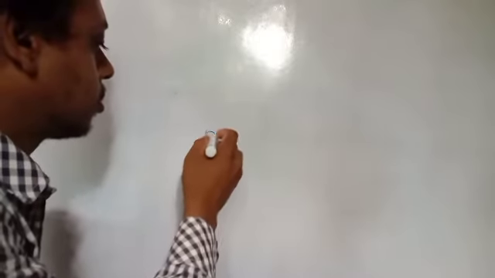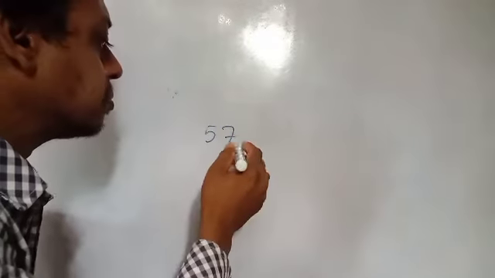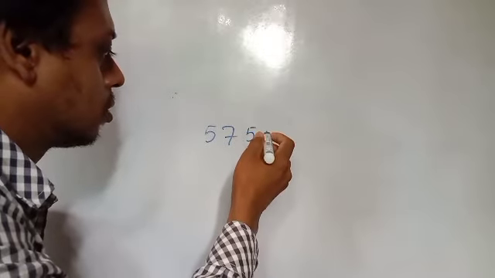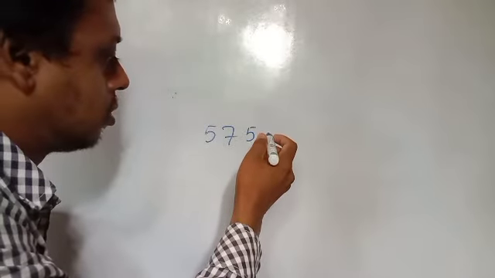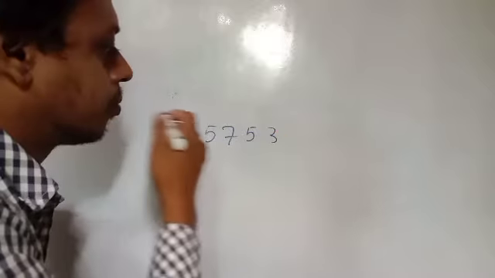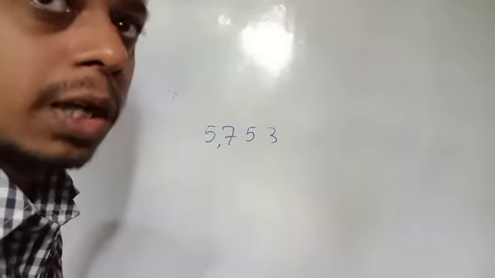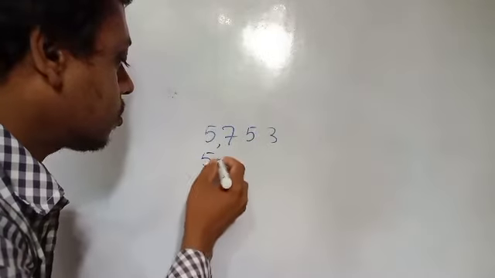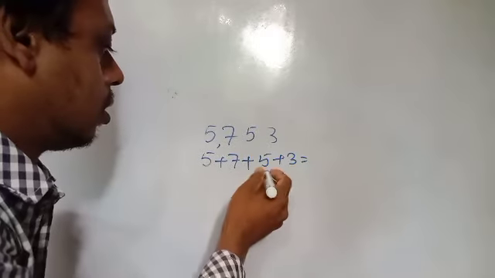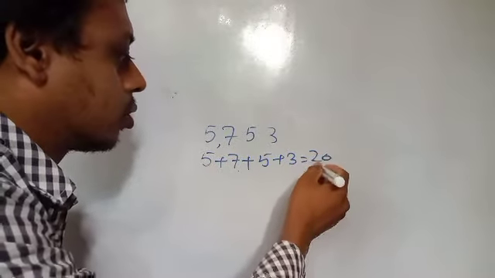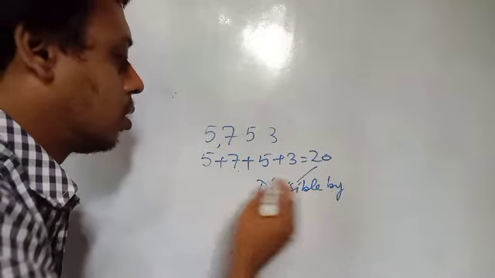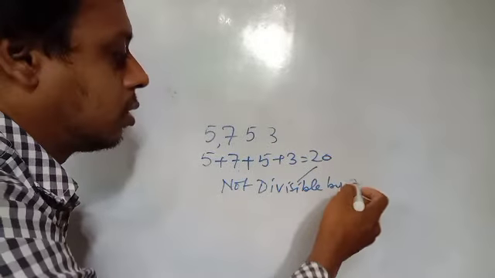Another number you see, 5753. 5 plus 7 plus 5 plus 3. 12, 17, 20. 20 is not divisible by 3.